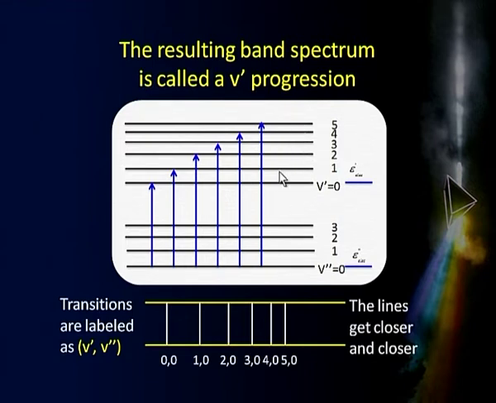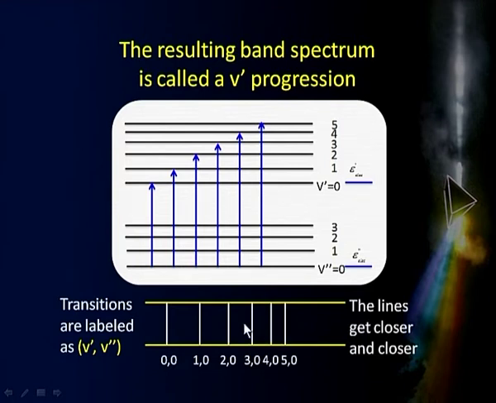This is just because of the anharmonicity term in the energy expression for the vibration levels that we talked about in the vibration spectroscopy. Now, that exactly is getting manifested in terms of the lines getting closer and closer. And one more thing I mentioned earlier is that such a set of lines is basically referred to as a V prime progression.